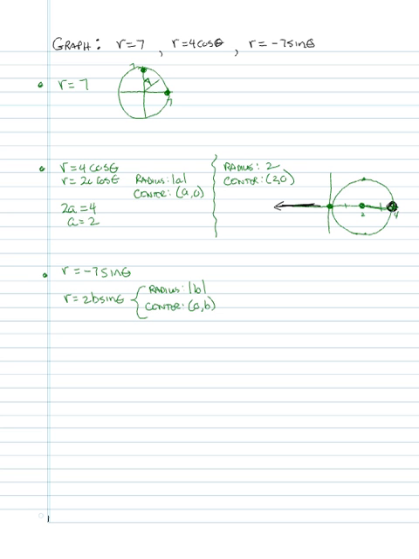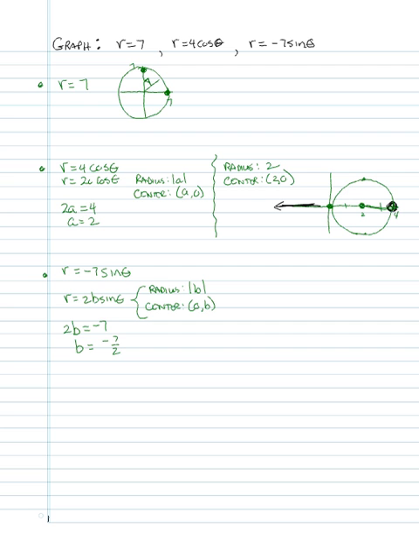So we're after finding b. In a similar fashion to what we did a moment ago, the 2b is the coefficient of sine theta in the model, and the negative 7 is the coefficient of sine theta in the actual equation. So 2b and negative 7 must be identical. As we solve for b here, we get b is negative 7 over 2.